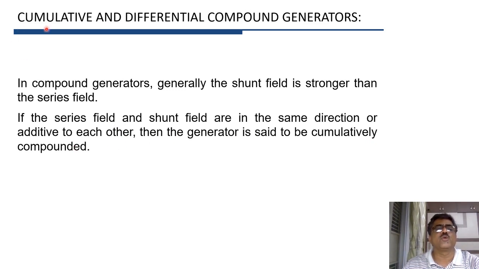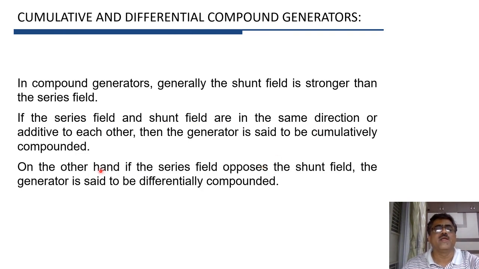Means in cumulative compound generator, series and shunt fields are in the same direction. On the other hand, if series field opposes the shunt field, the generator is said to be differentially compounded. Means in differential compound generator, series field and shunt field are in opposite directions.